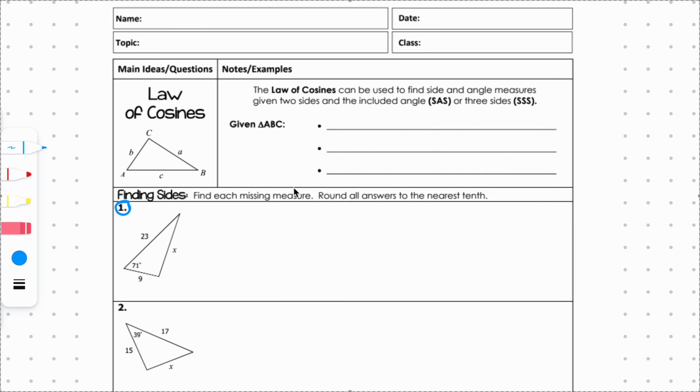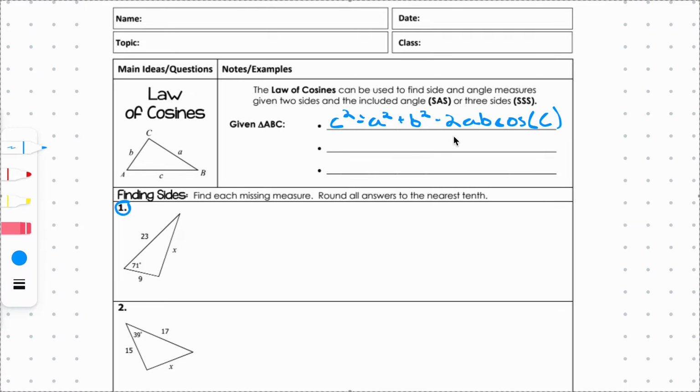And so we can create essentially 3 forms of an equation where we say, first, I'm going to write this equation, c squared equals a squared plus b squared minus 2ab cosine of capital C, okay?